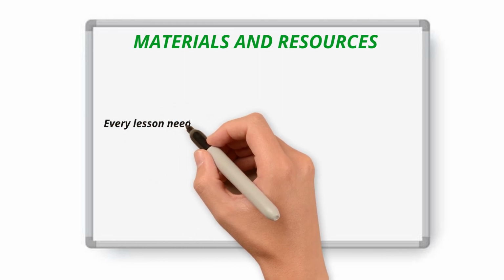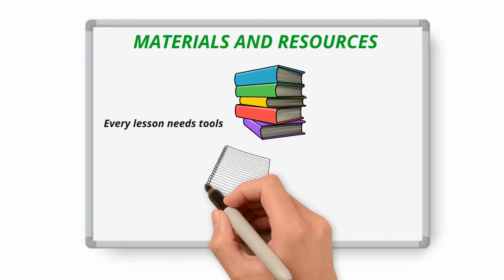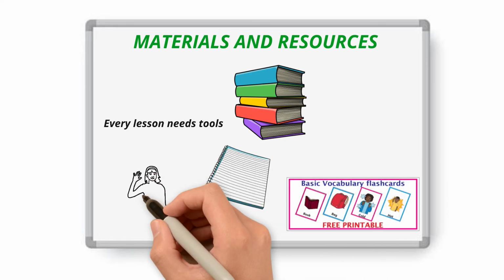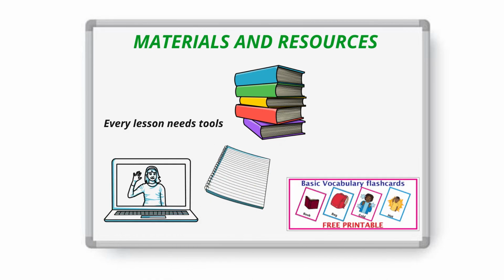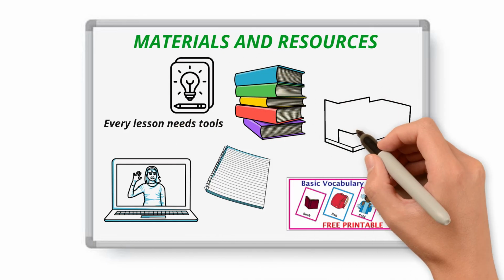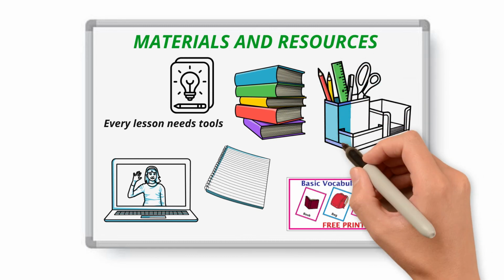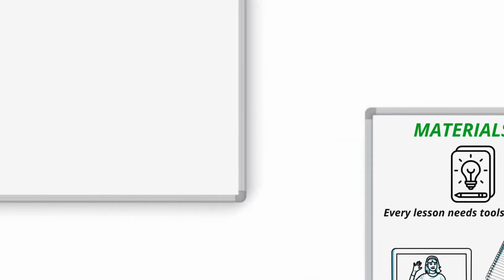4. Materials and resources. Every lesson needs tools. These could be textbooks, worksheets, flashcards, or digital resources like educational apps and videos. Imagine planning a lesson with group activities but realizing you forgot to bring markers or handouts. A good plan prevents such hiccups by preparing all the resources in advance. 5. Procedures and timing.